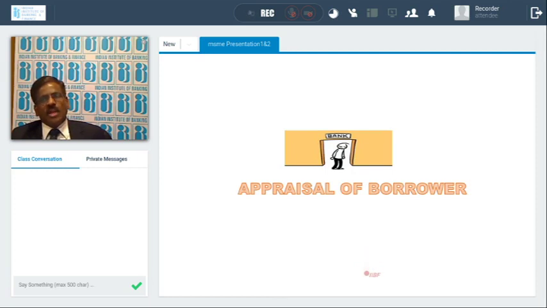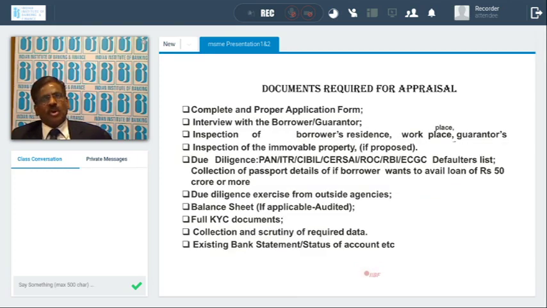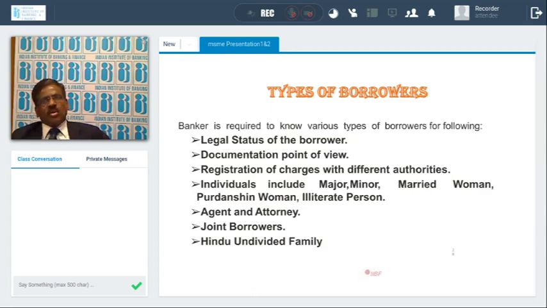Here, how do you analyze a borrower? How do you appraise a borrower? You take all the certificates, like the borrower's application, interviews, etc. What certificates are required? All your KYC documents, financial statements, etc. You take from the borrower. Then, based on the type of borrower, you'll be analyzing the type of activity.